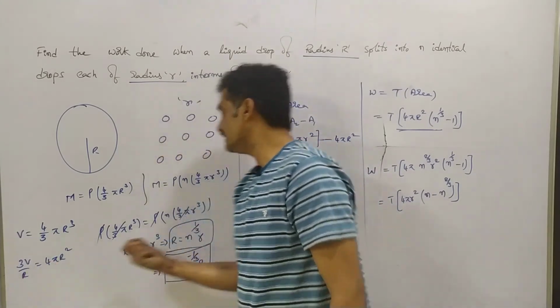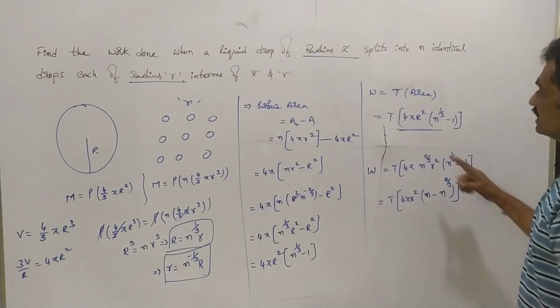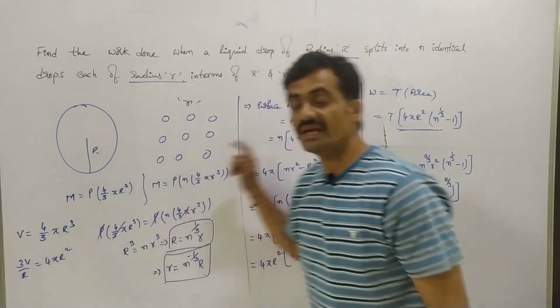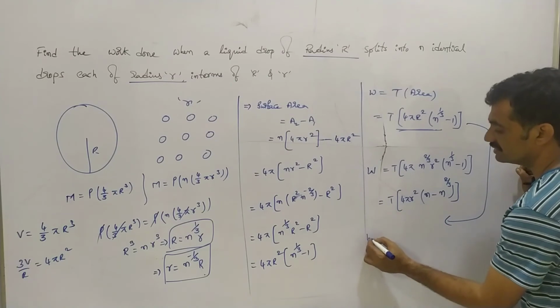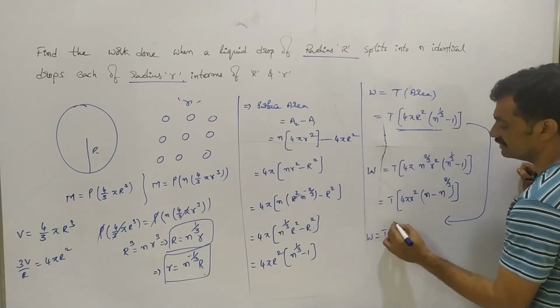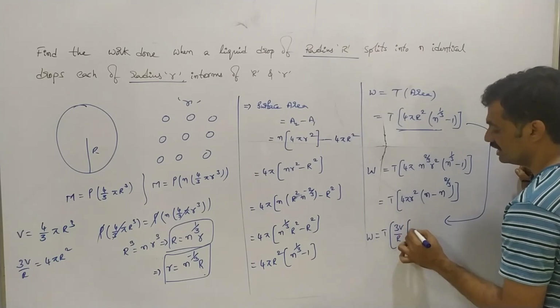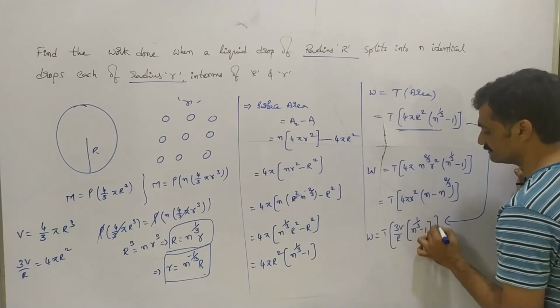As we substitute this in the expression for work done, in the place of 4 pi r square we can substitute 3V by r. Then the work done is given as T into 3V by r into n to the power of 1 by 3 minus 1.